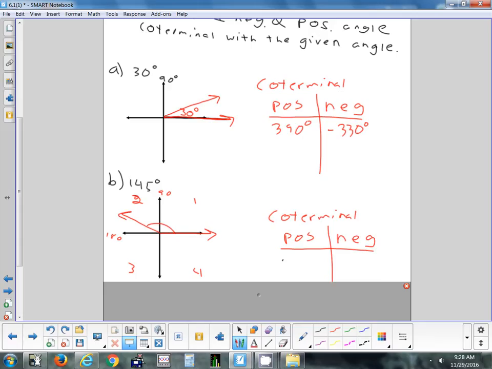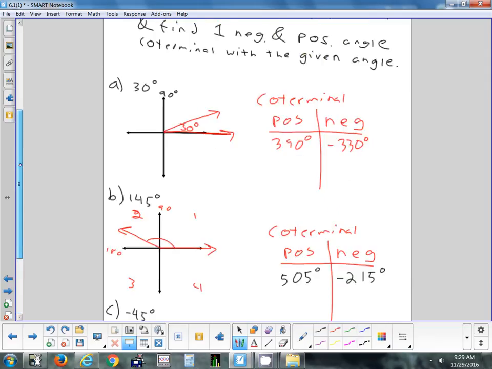Okay. And now to find an angle that's coterminal and negative, just take 145 and subtract 360. What do you get if you do that? Negative 215. Those are coterminal angles.